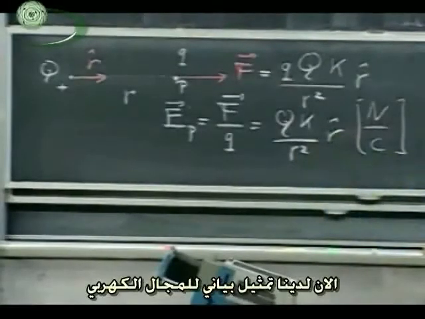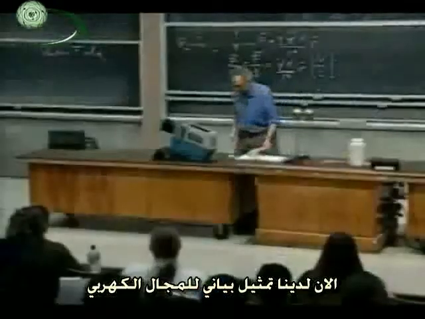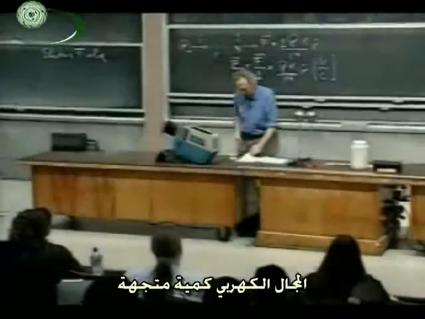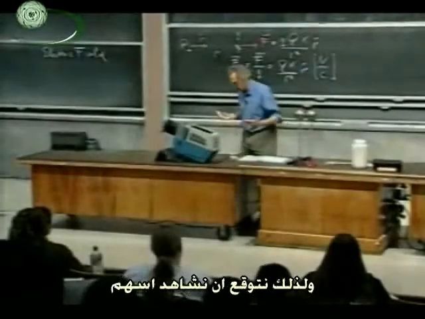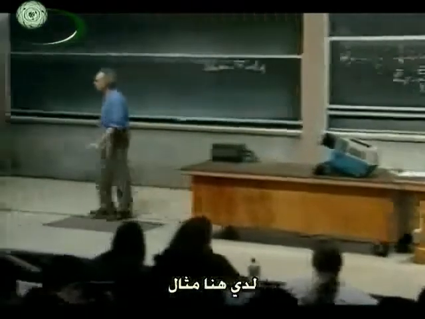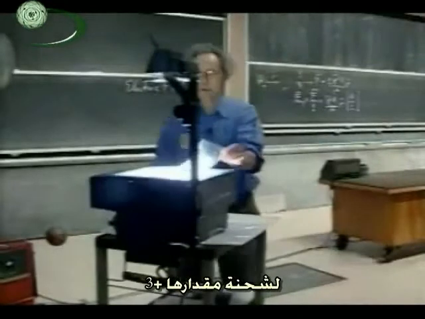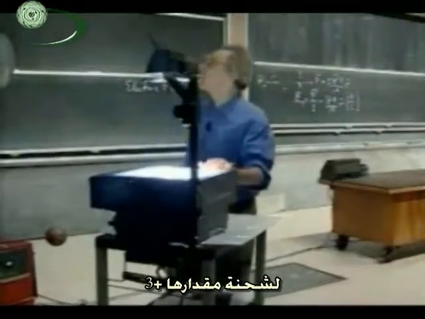Now, we have graphical representations for the electric field. Electric field is a vector, so you expect arrows. And I have here an example of a charge plus 3.